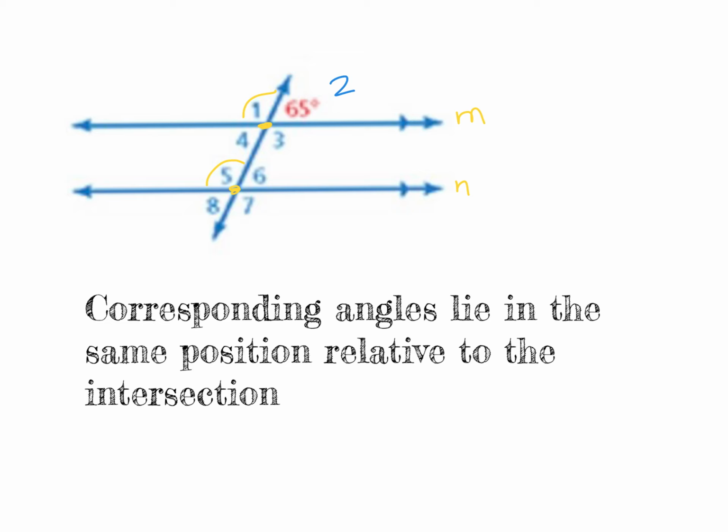The neat thing is that not only now do we know that angles like this are corresponding, we also need to understand that corresponding angles are congruent. We'll identify many other congruent pairs and some other important details about these angles. But again, if we knew the measure of angle 1, then we would also automatically know the measure of angle 5.